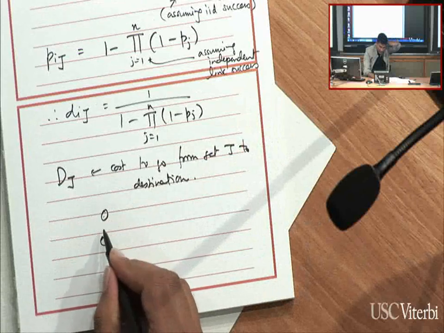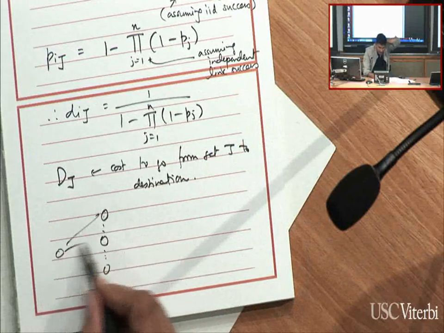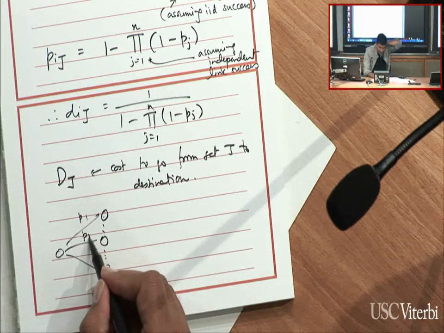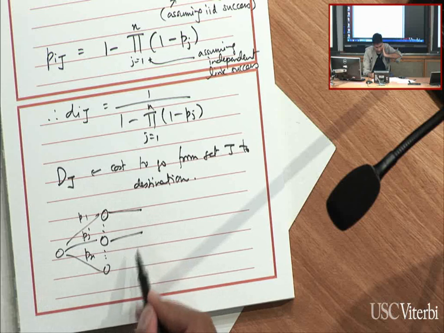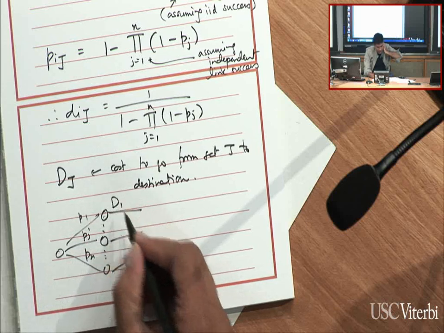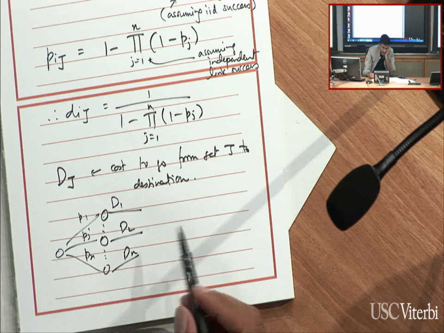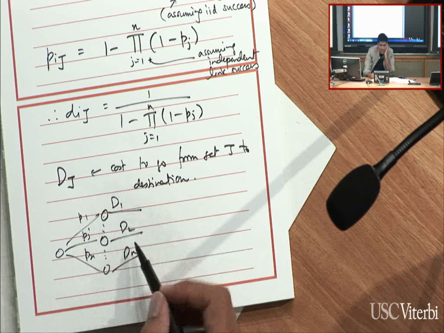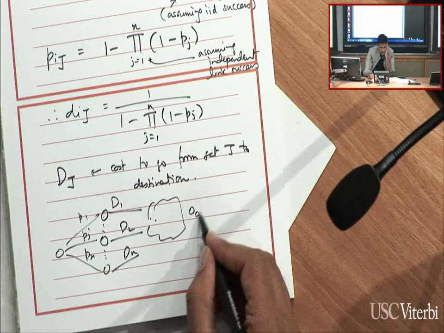So if I actually look at the other side of that, right? This side, it just says P1, Pj, Pn. But on the other side of it, they may have different costs associated with them. D1, some cost D2 here, some cost Dn over here. And so depending on who forwards it, I may end up with a different cost to finally get through the network to my final destination.